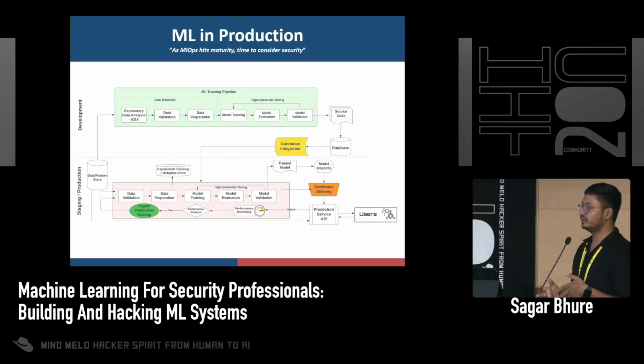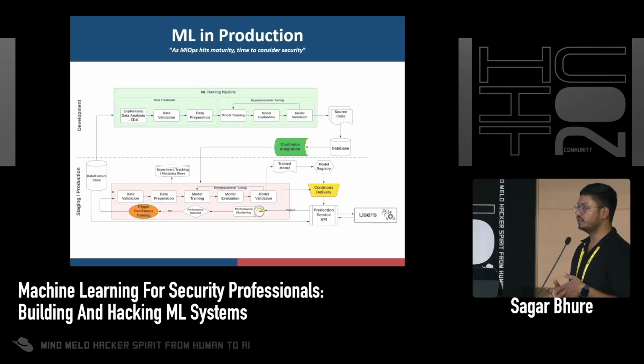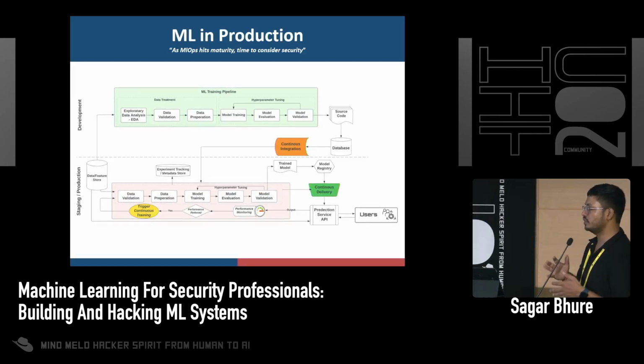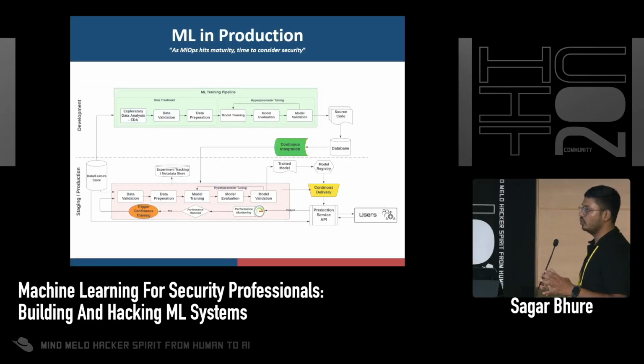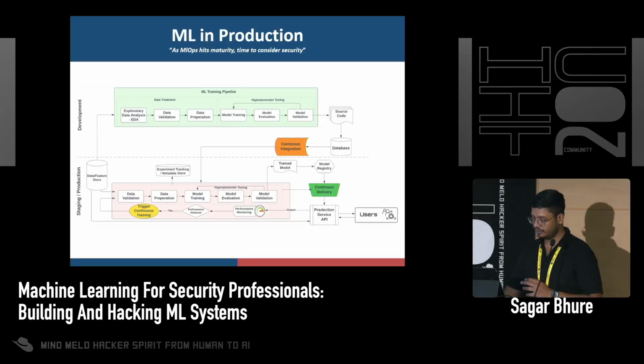That's where the data validation box comes into the picture. The rest, model evaluation and model validation, are the same steps we talked about earlier, where you validate the model using F1 score and accuracy on all those parameters.